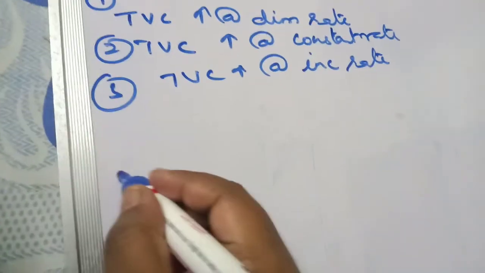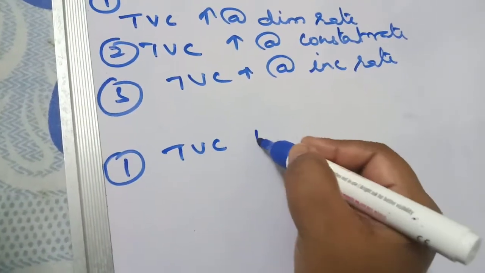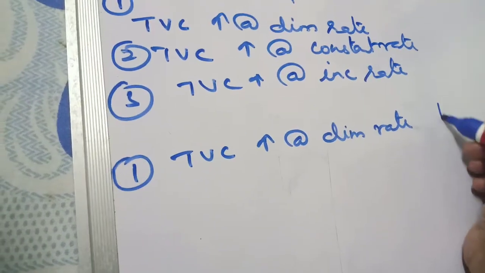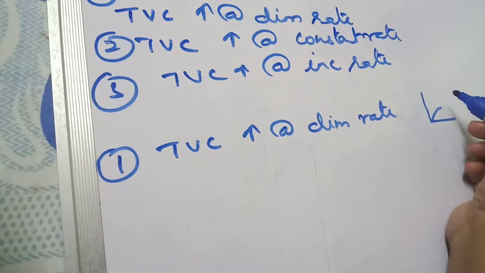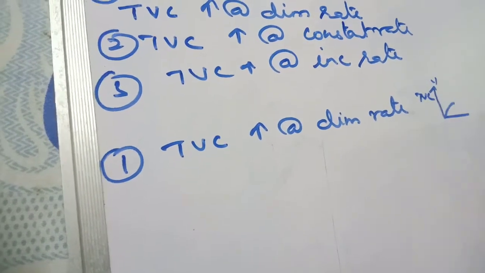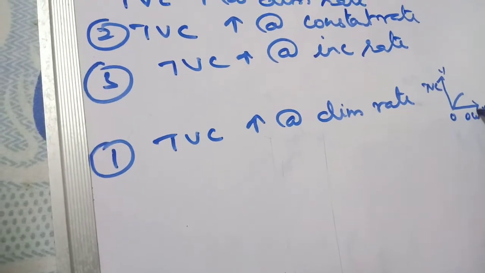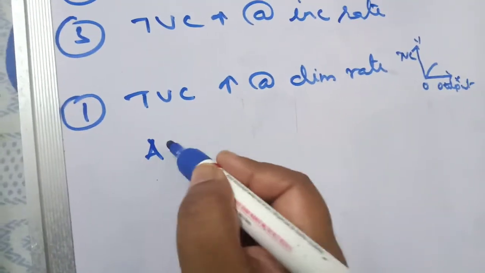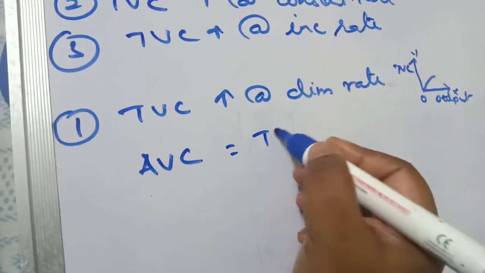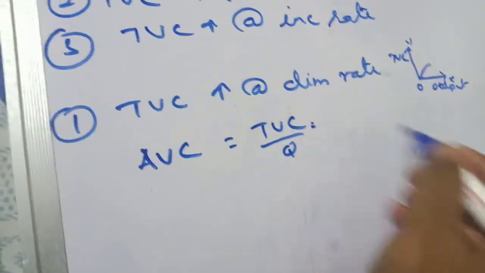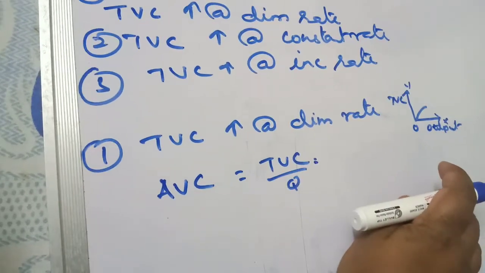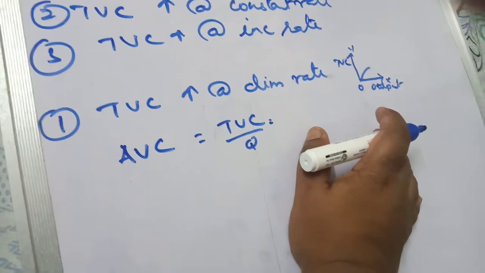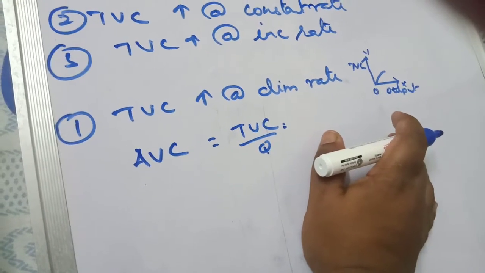Let's take the first phase when TVC increases at diminishing rate, which means when it has this slope. Now in this phase, AVC is equal to TVC upon number of units. So this numerator is increasing at diminishing rate, but the denominator is increasing at constant rate, because quantity is increasing 1, 2, 3, 4, 5, 6, like that.